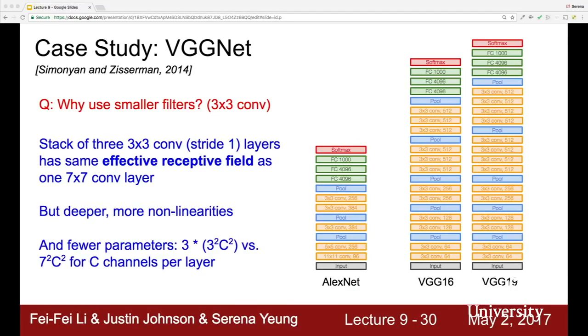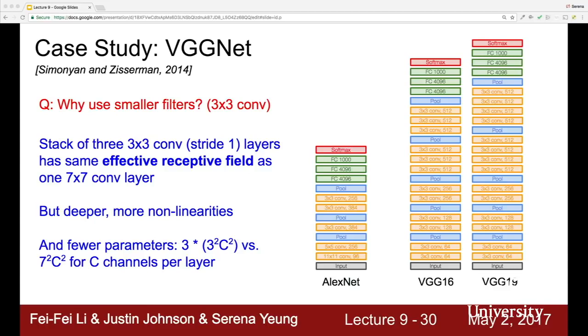So this has the same effective receptive field as the 7 by 7 conv layer, but it's deeper, it's able to have more nonlinearities, and there are also fewer parameters. If you look at the total number of parameters, each of these 3 by 3 conv filters has 9 parameters, 3 times 3, times the input depth C, times the total number of output feature maps, which is again C if we're going to preserve the total number of channels.